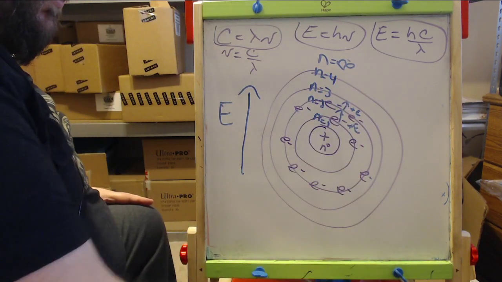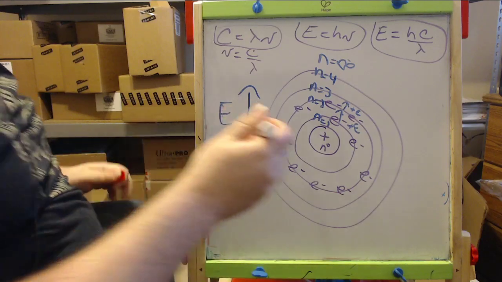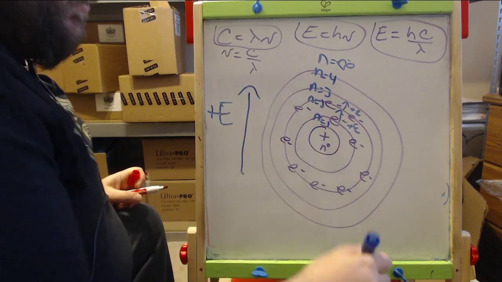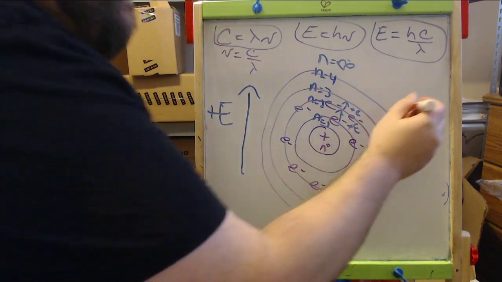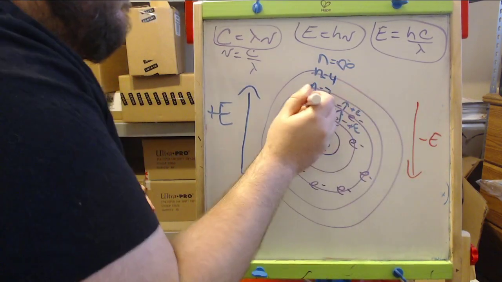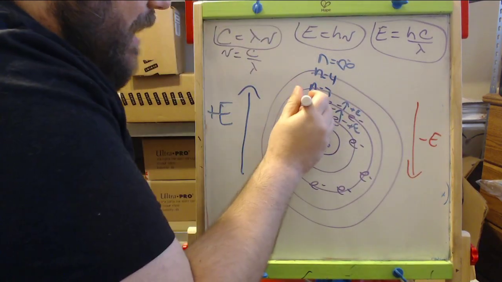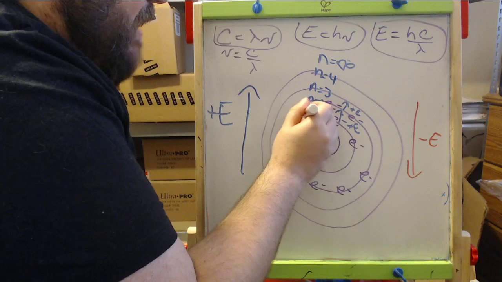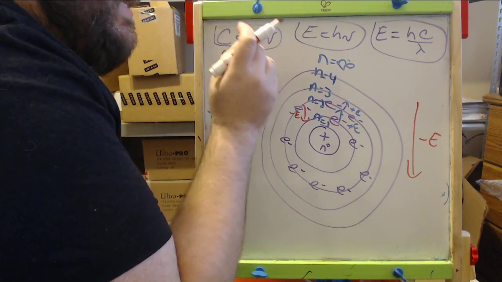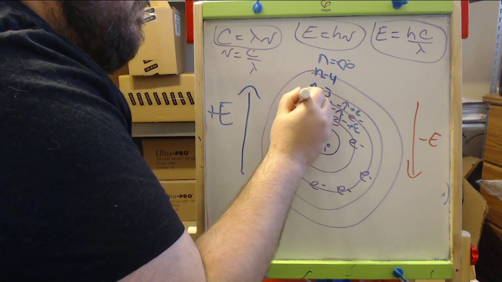Similarly, if I'm going to move down, so I should put a plus sign here. Let's put a little plus energy there. As I move down, I'm going to lose energy. Now I'm going to lose it in the same amount. It's just one's going to be positive and one's going to be negative, just like heat in our case here.